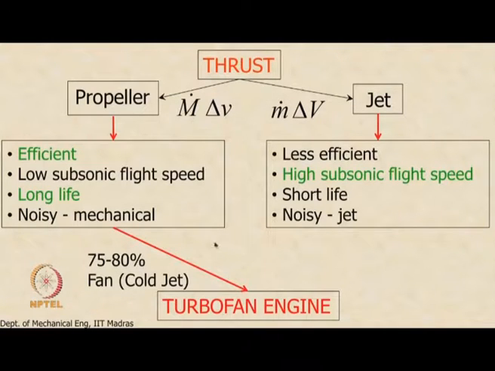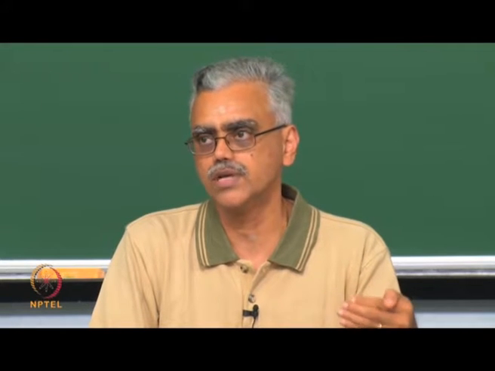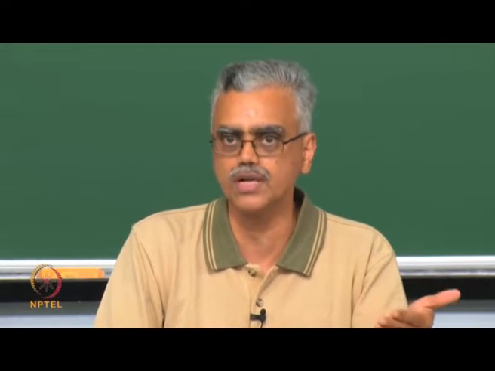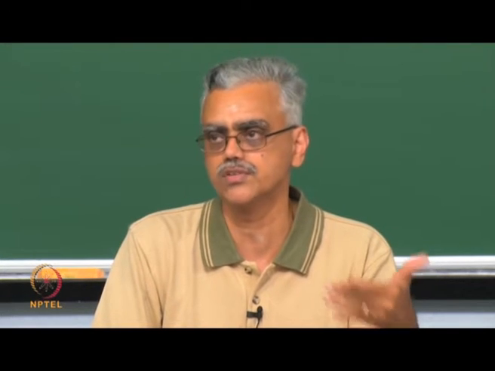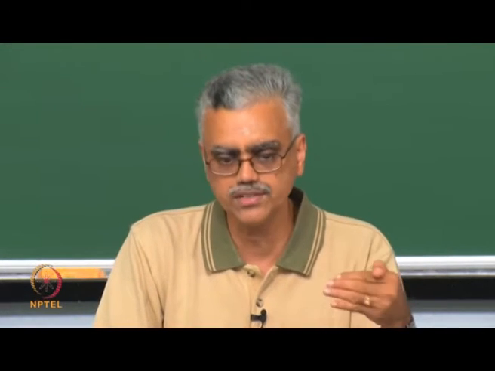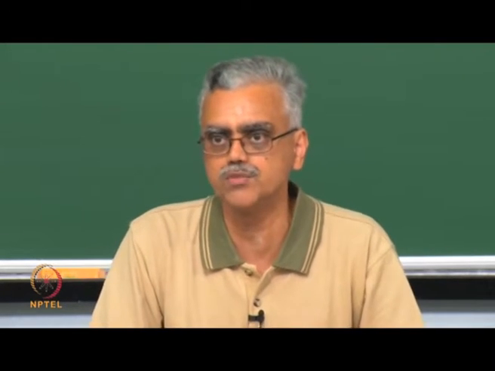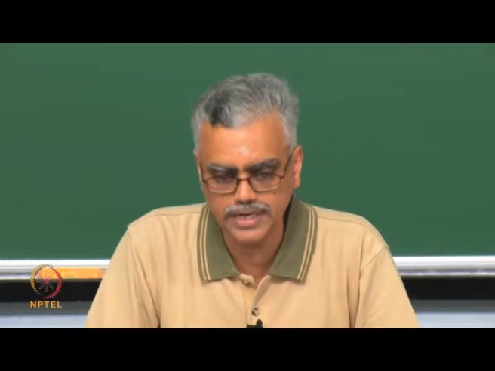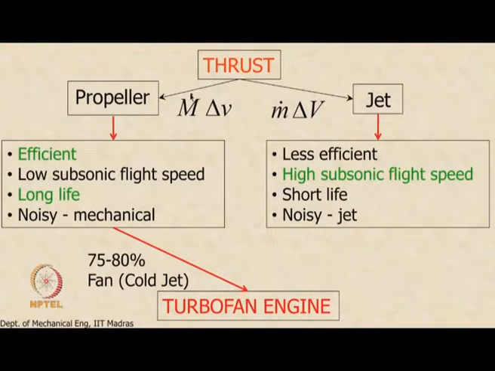So the turbofan engine generates about 75 to 80% of the thrust using a fan, which uses only cold air. The fan is not exposed to high pressures or high temperatures, and it produces about 75 to 80% of the thrust. The fan is not quite the same as a propeller. There are differences between the two, and we will highlight those differences, but the idea is essentially the same: imparting a small velocity change to a large mass of air.